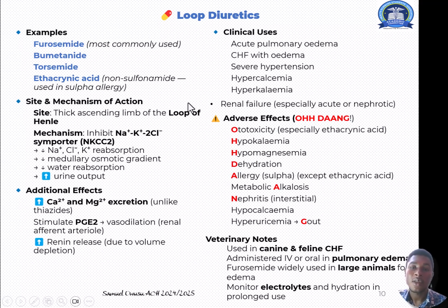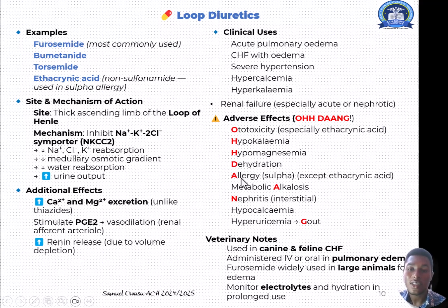Okay. Now, the adverse effect is remembered by OH DANG, which is ototoxicity, especially with ethacrynic acid. They tend to be harmful to the ear. There is hypokalemia. Remember we said that decreased levels of potassium, hypomagnesemia, because we excrete a lot of magnesium, and then because it's a diuretic, eventually it's going to cause dehydration.